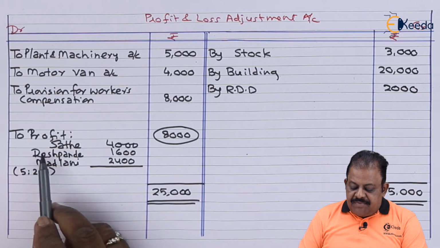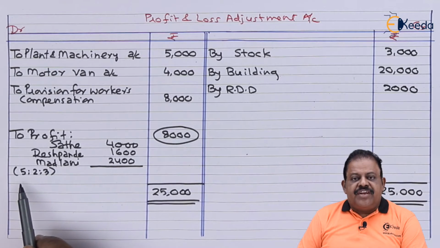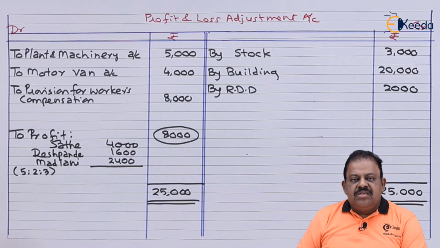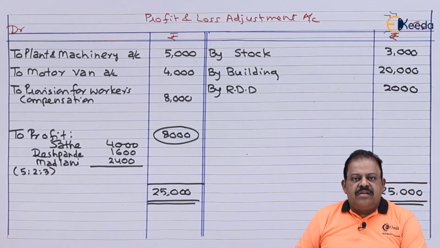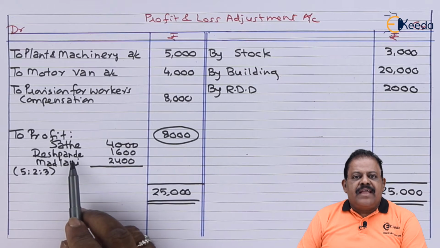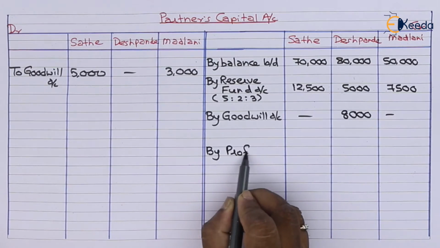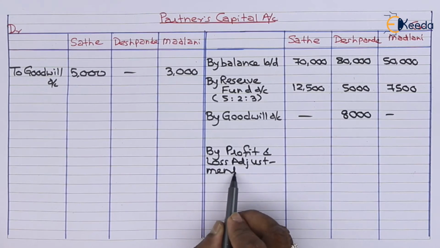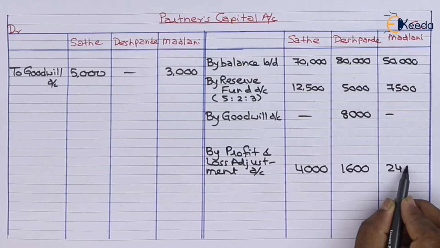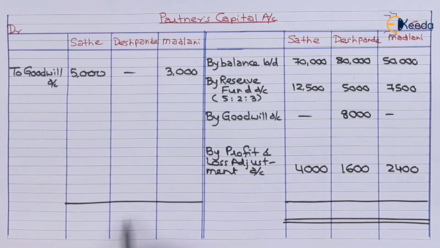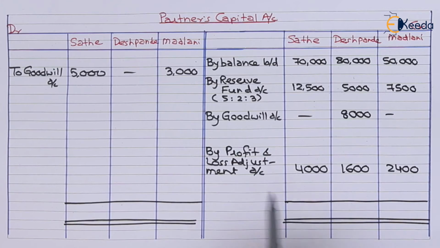This will be distributed between all partners in their profit sharing ratio 5:2:3. Sathe 4,000, Deshpande 1,600, Madlani 2,400. This will be credited to their capital account. Partners capital account, we have transferred profit to its credit.